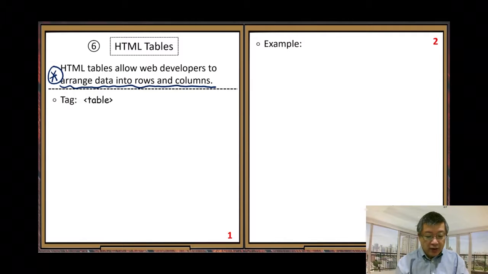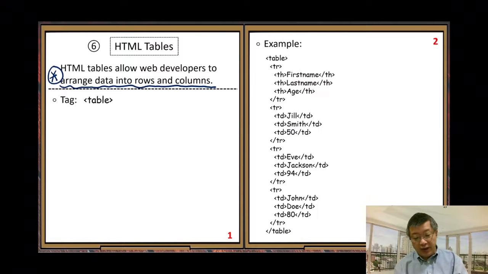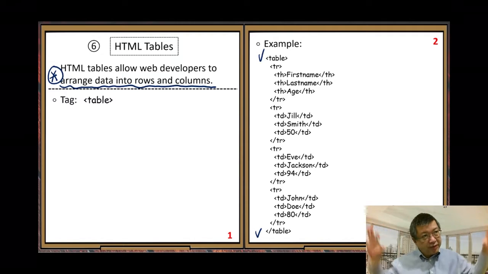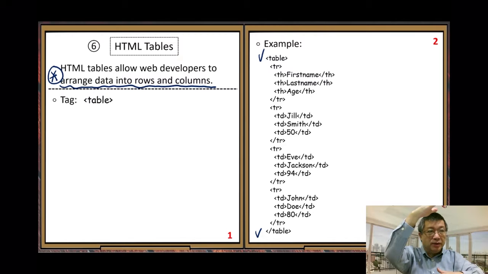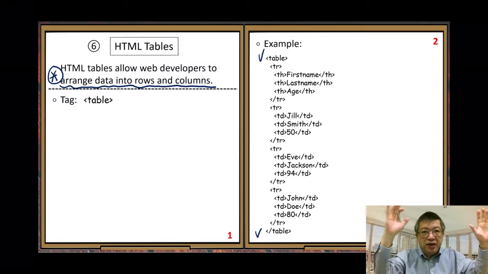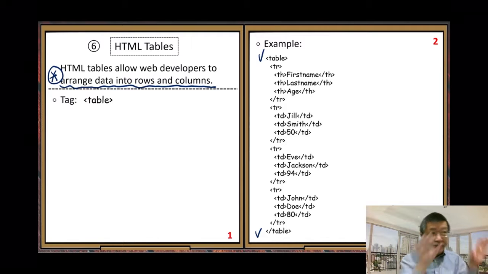All right, so here, let's look at a simple example. In this example, you have the table element, right? You put the content of the table inside this table element. Then inside it, you need to have rows. You need to define all the rows, right?